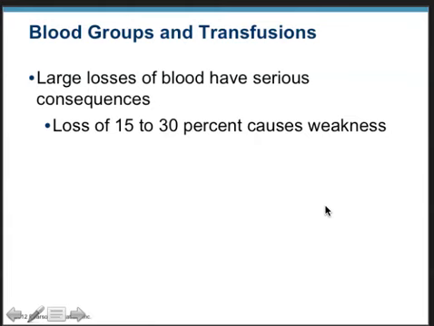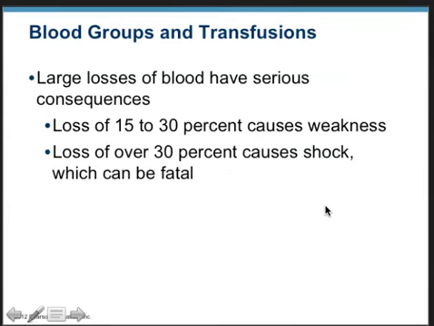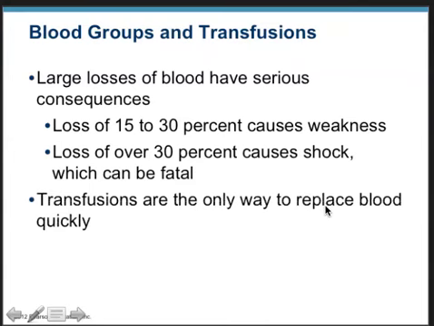A loss of blood can have serious consequences for our overall health. It can result in infarction or tissue death. Loss of 15 to 30% causes weakness, and loss of over 30% will cause shock, which can be fatal. Generally, we engage in a transfusion to replace the missing blood.